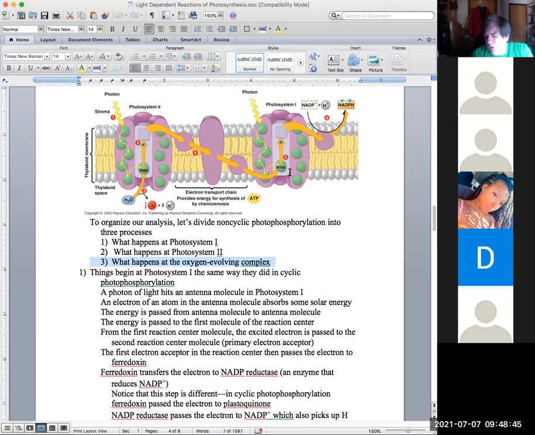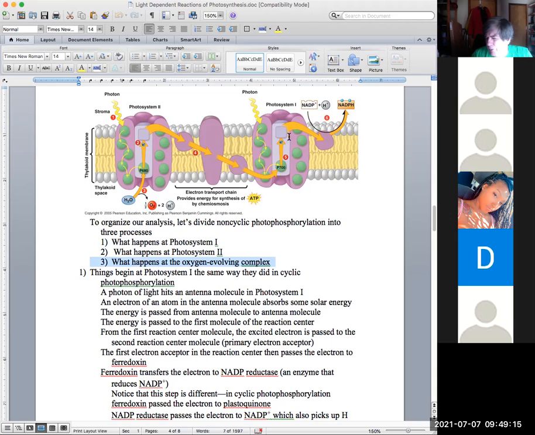All these green circles along the side, these are some of those antenna complex molecules. So a photon of light hits the antenna complex. Electrons in some of these molecules absorb some solar energy. They pass the solar energy around, and the solar energy eventually gets passed to the first chlorophyll A in the reaction center.